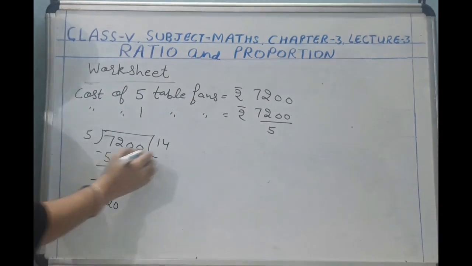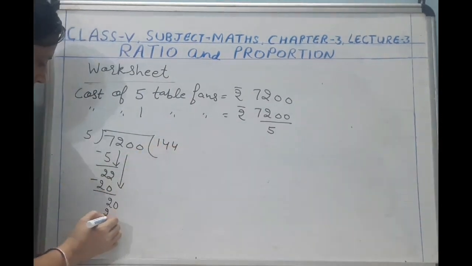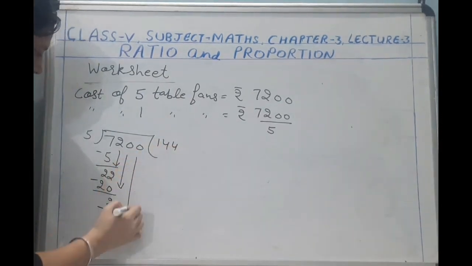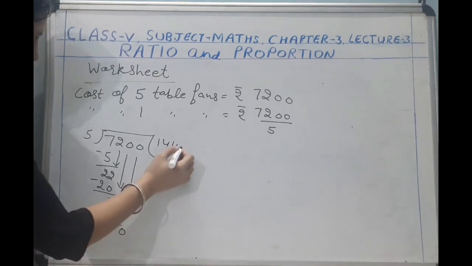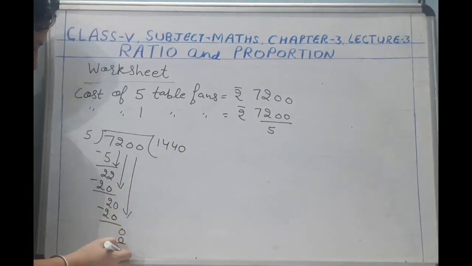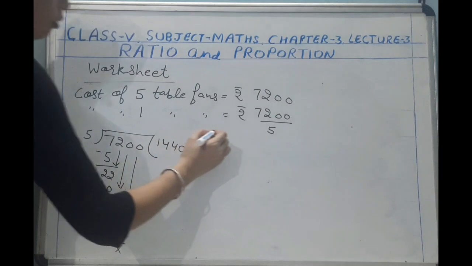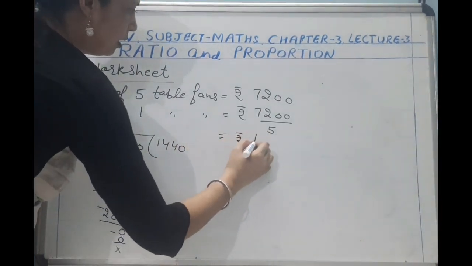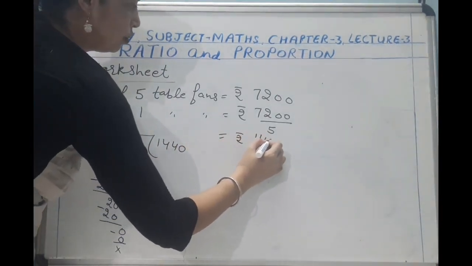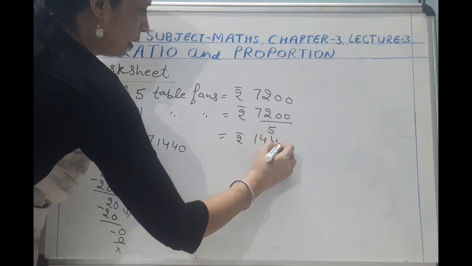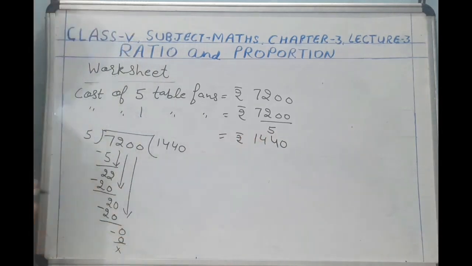Now 5 fours are 20. And next 0, 5 zeros are 0. So now cost of 1 table fan purchased by John is ₹1,440. Now we will compare.